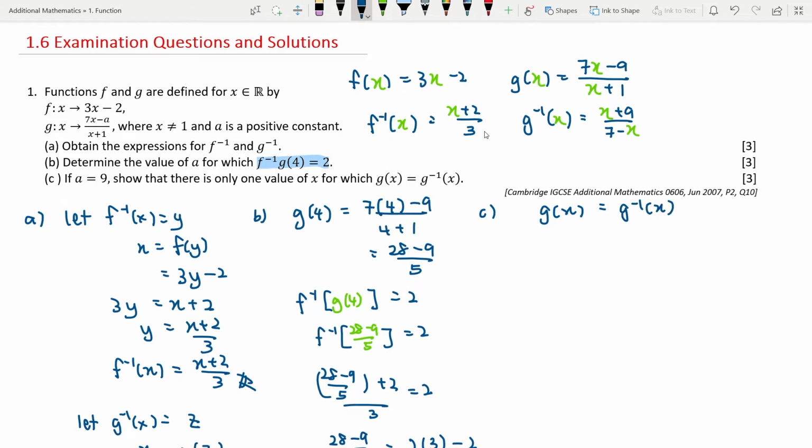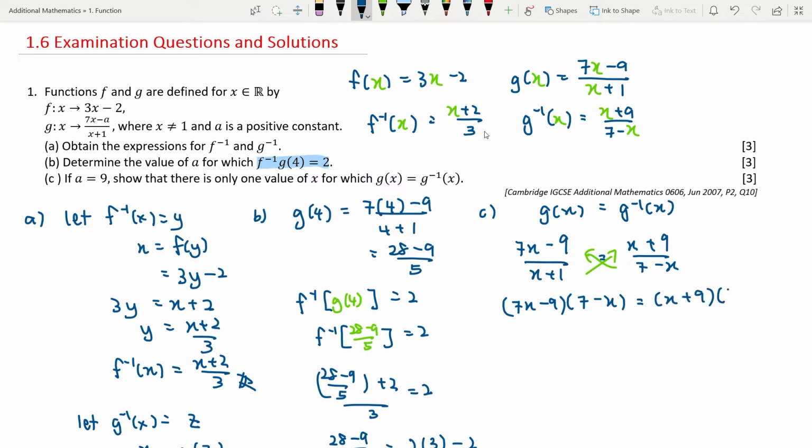For g of x, we have (7x minus 9) over (x plus 1) is equal to g inverse of x, (x plus 9) over (7 minus x). We do cross multiplication. Hence, we have (7x minus 9) multiplied with (7 minus x) is equal to (x plus 9) multiplied with (x plus 1). Then we expand the bracket.